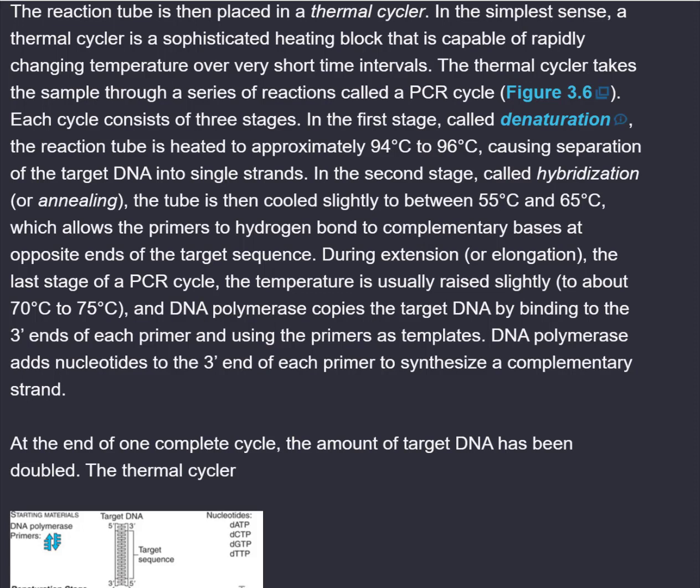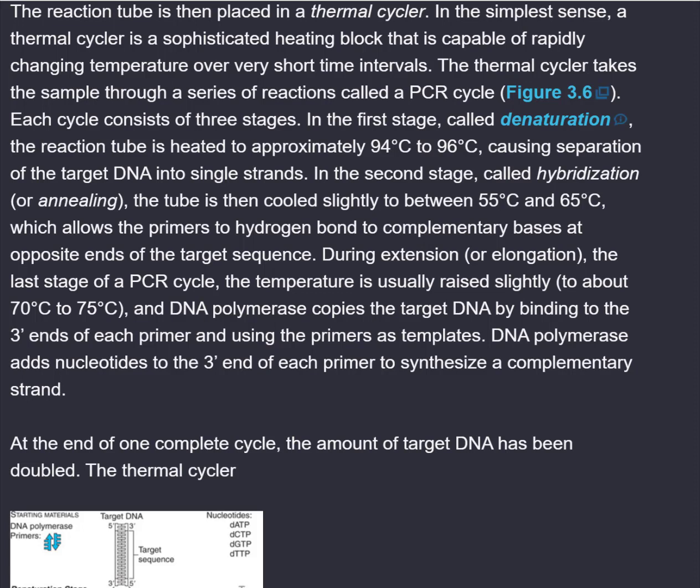In the second stage, called hybridization or annealing, the tube is then cooled slightly to between 55 degrees Celsius and 65 degrees Celsius, which allows the primers to hydrogen bond to complementary bases at opposite ends of the target sequence.